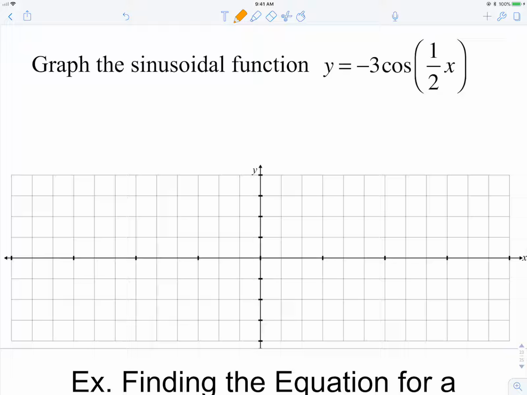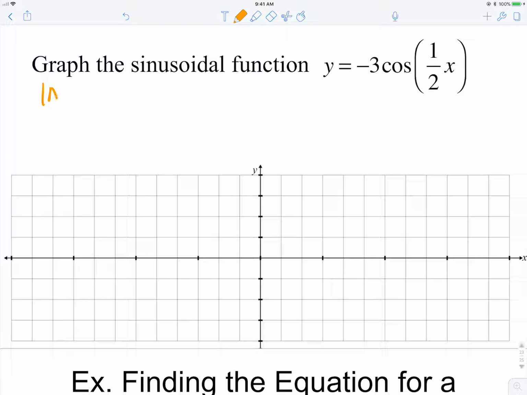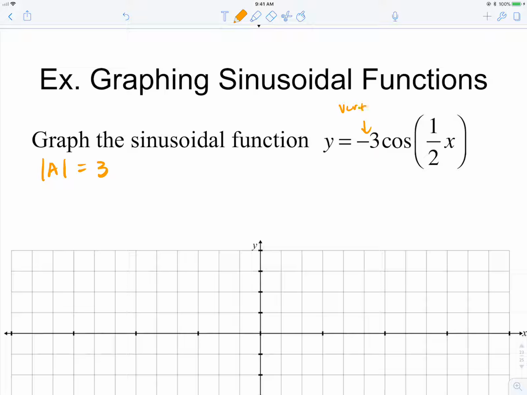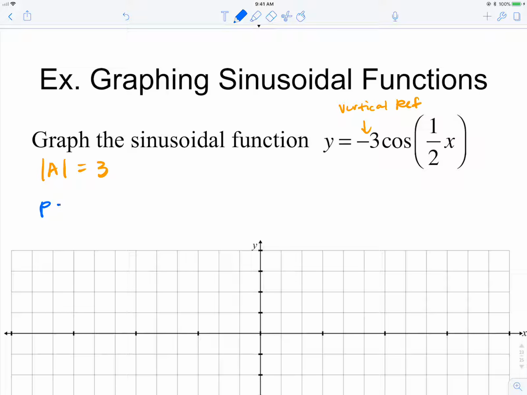Okay, let's do another example of graphing. Here we can see that the amplitude is actually going to be positive 3. That negative implies a vertical reflection, or a reflection about the x-axis. The period is going to be 2 pi divided by 1/2, which is 4 pi.